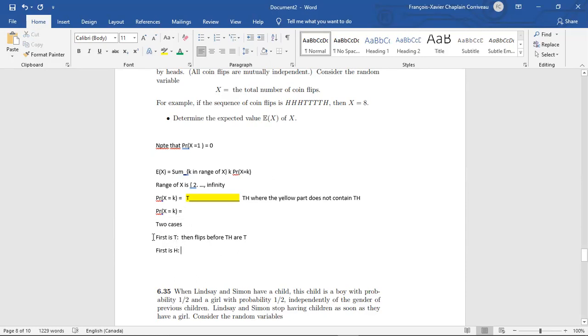Here, the idea is as soon as I know where I have a tails, I know that everything after that needs to be tails. So what we're going to do is partition this thing with respect to the position of the first tails in this portion.